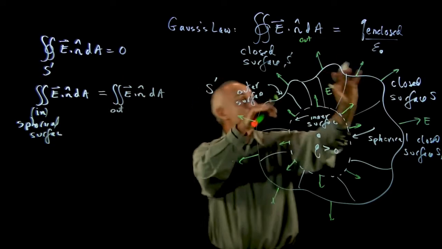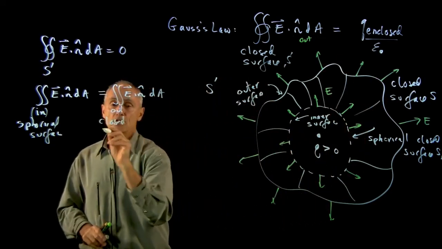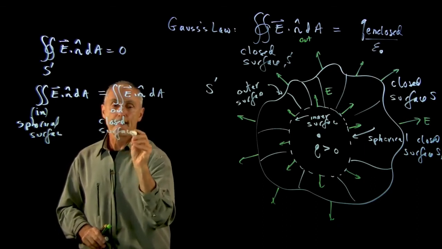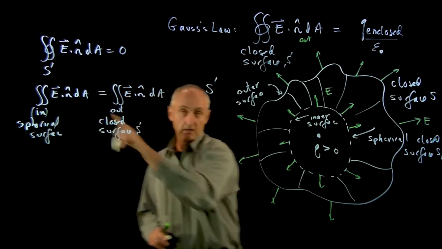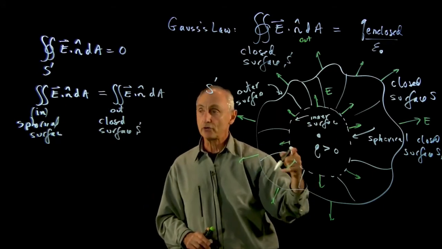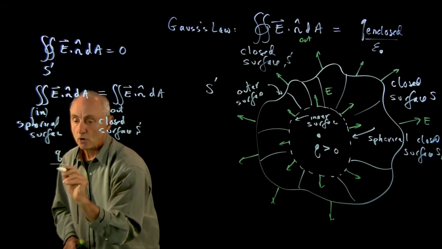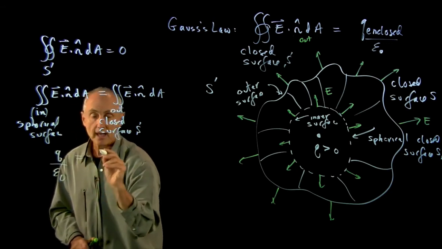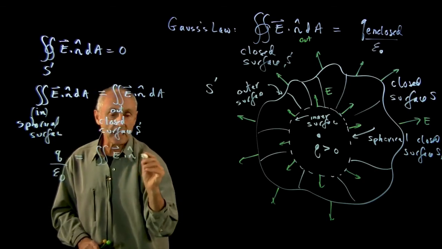And the out is our closed surface S. And we've already calculated the flux through a spherical surface. We know that this is Q over epsilon naught, and that's equal to the flux E dot n hat dA.